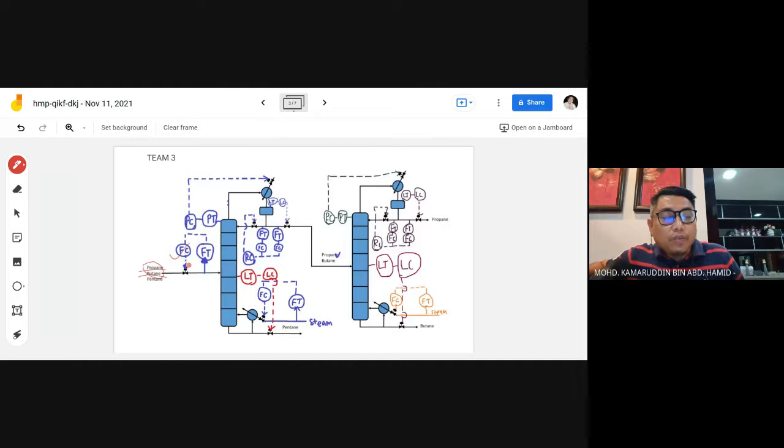You want to flow control the feed such that you maintain the composition and the capacity, the production capacity. Pressure control here, all right, by manipulating the cooling water flow rate. Okay, this is right. Level, okay, but not here, should be down here, level.